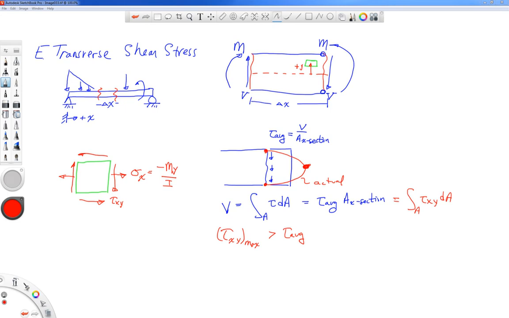We're first going to find the horizontal shearing stress and then set that equal to the vertical shearing stress on this little green block that I have. That horizontal shearing stress causes a horizontal shearing force in the beam. Let me sketch another picture and then we'll get a little bit more into developing this formula for the transverse shearing stress.